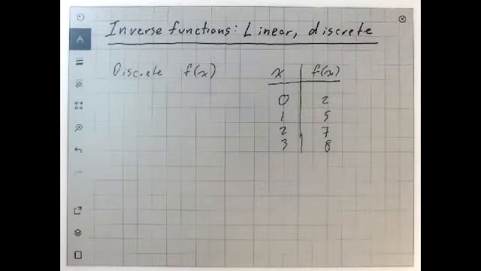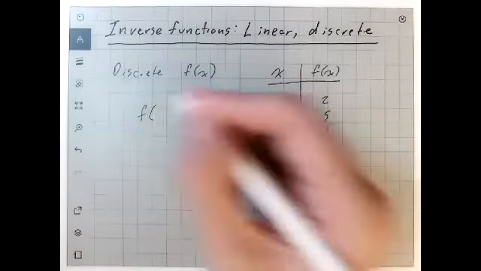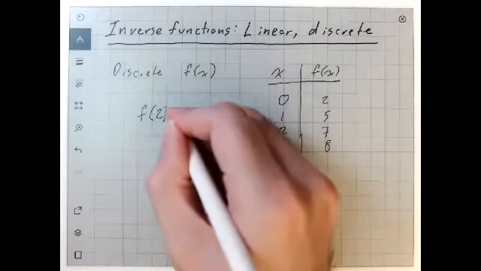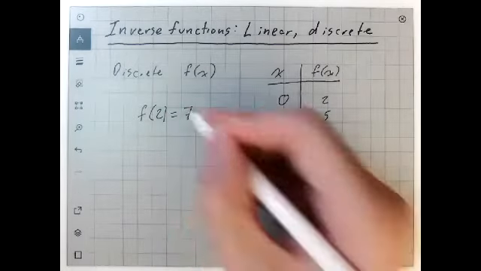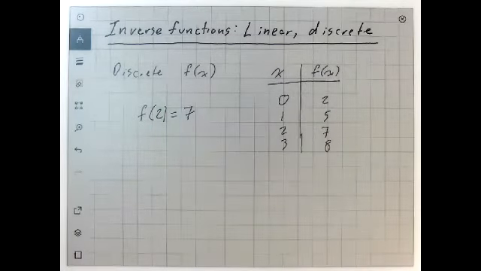Perhaps x is 0, 1, 2, or 3, and f of x spits out 2, 5, 7, or 8. So in this case, for example, f of 2 is equal to 7.